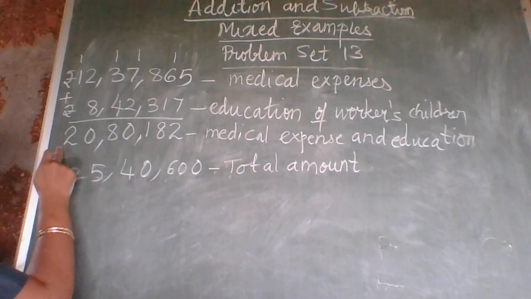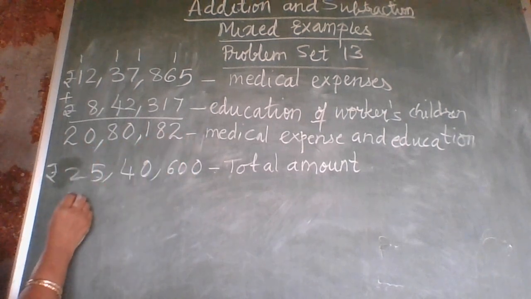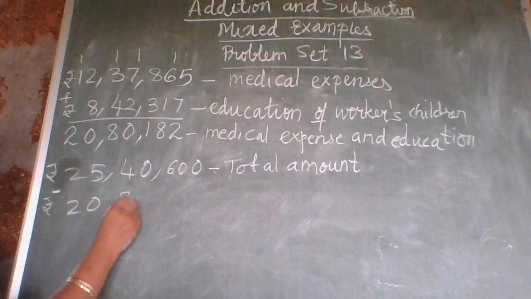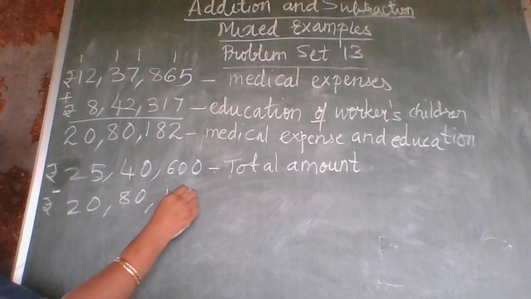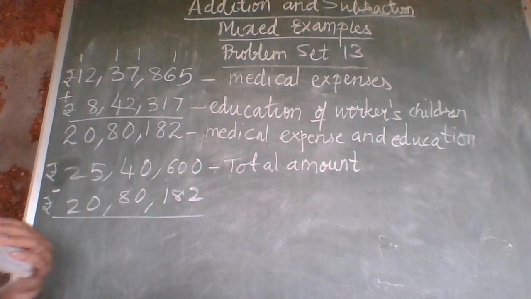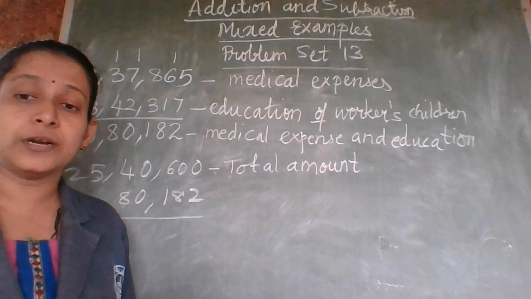So from this we have to subtract this, that is 20 lakh 80,182. So let's subtract rupees 20 lakh 80,182. After subtracting, you will get the answer or the money which was spent for canteen.